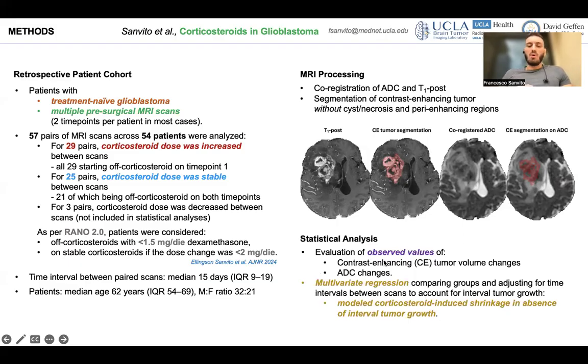We reported both the observed values of enhancement, volume shrinkage, and ADC changes, but we also ran a multivariate regression to model the volumetric changes while adjusting for an estimate of tumor growth between time points.